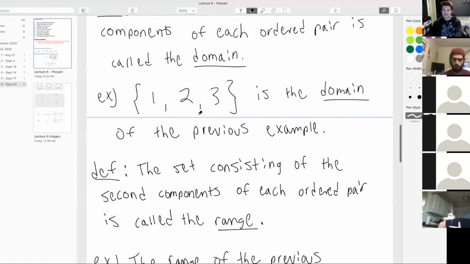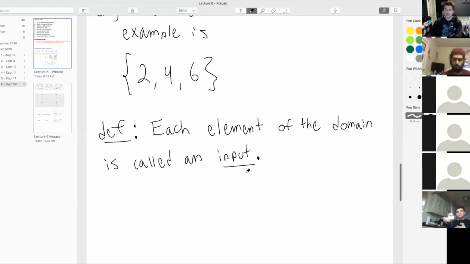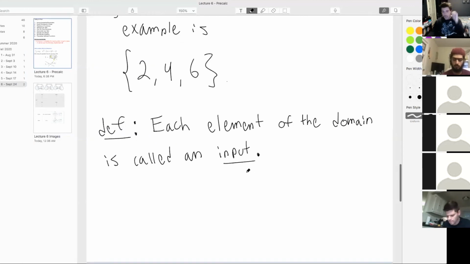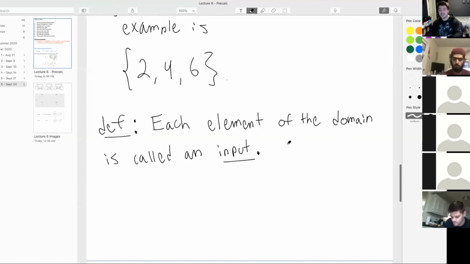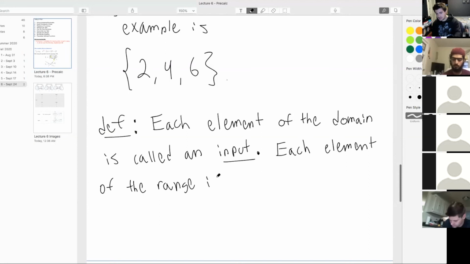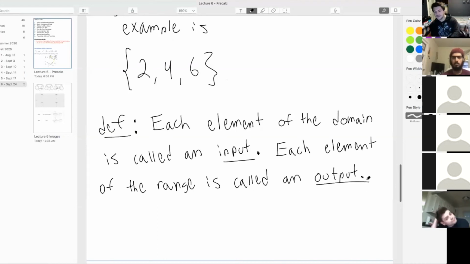We also have a name for each element of the range: each element of the range is called an output, which shouldn't be too surprising since the domain elements were called inputs. I'm setting up all of this terminology so I can use it later on.